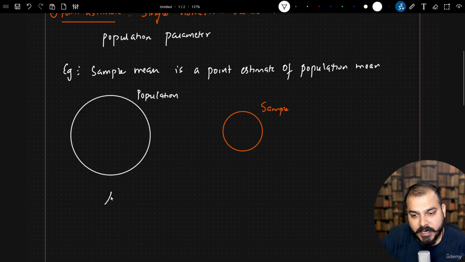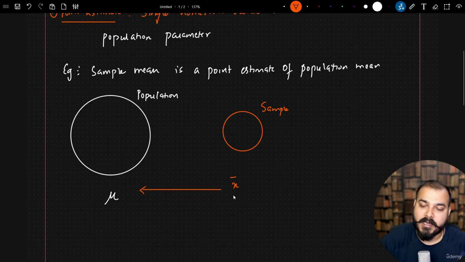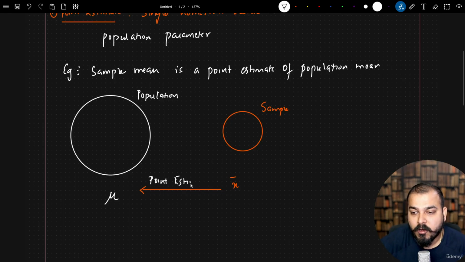With respect to the population, I will get the population mean, and with respect to the sample, I will get the sample mean. So I can say this sample mean is an estimate of the population mean. This is specifically a point estimate because this is just one value. We say this x bar is a point estimate of mu, which is the population mean.